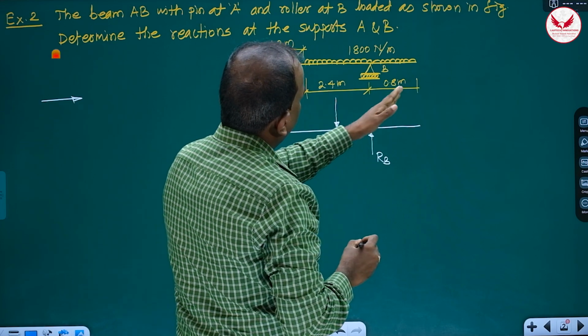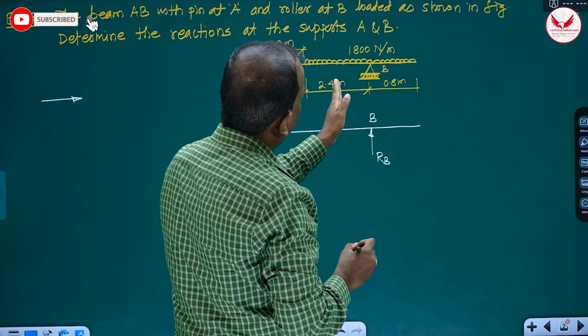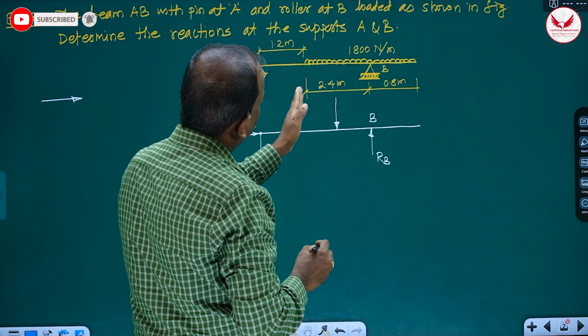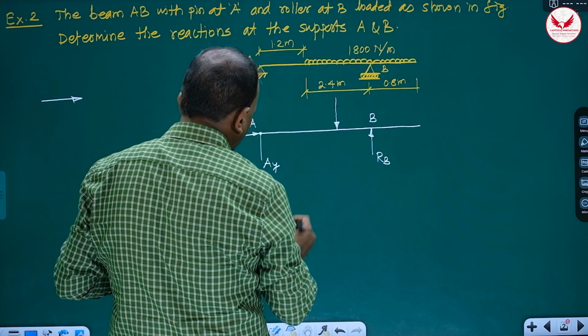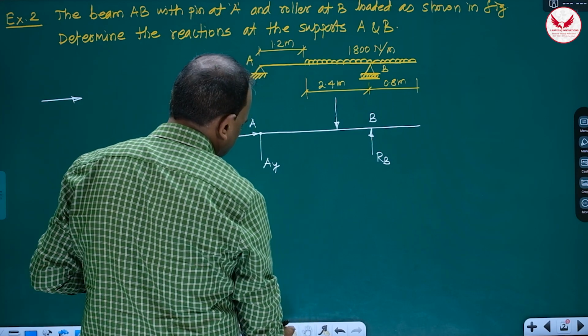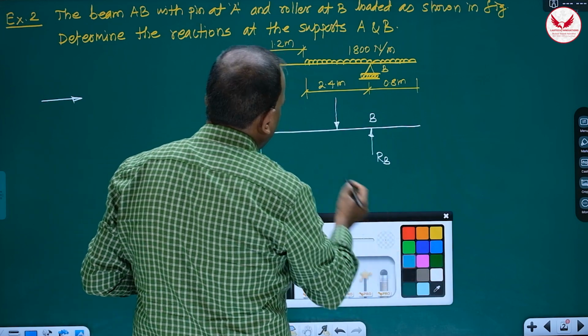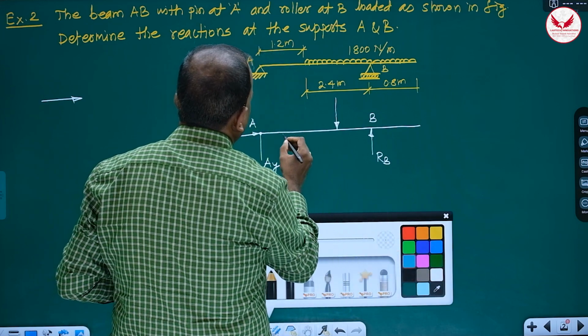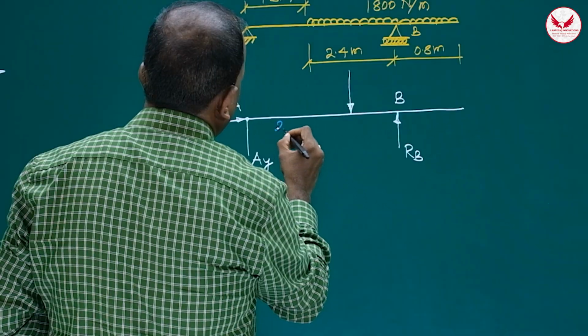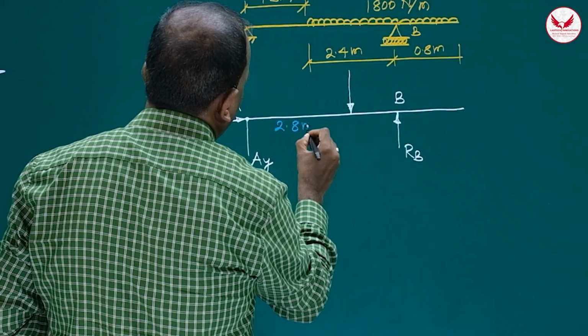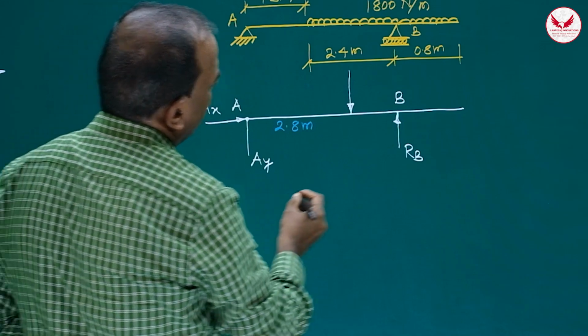And then how much remains? 0.8 plus 0.8, means remaining is going to be 1.6 plus 1.2. On this side it is 1.6 plus 1.2, it is 2.8 meter. This is 2.8 meter.